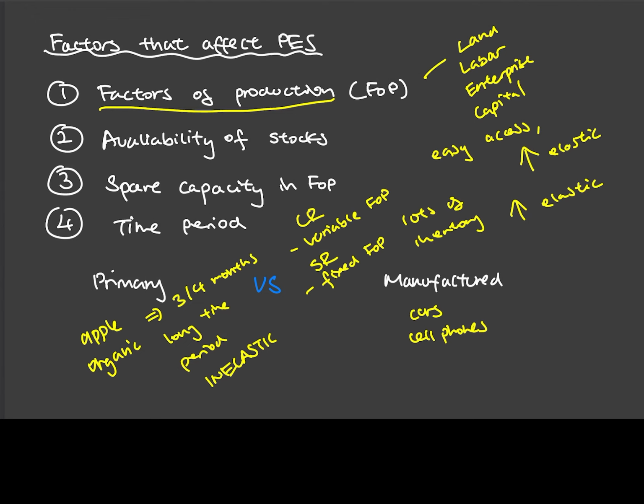So that is why building something like a car or a cell phone, you can ramp up the production very easily based on changes in price. That is why manufactured goods have a relatively elastic PES, yes? So for primary goods, PES is less than 1. And here, PES would usually be larger than 1.